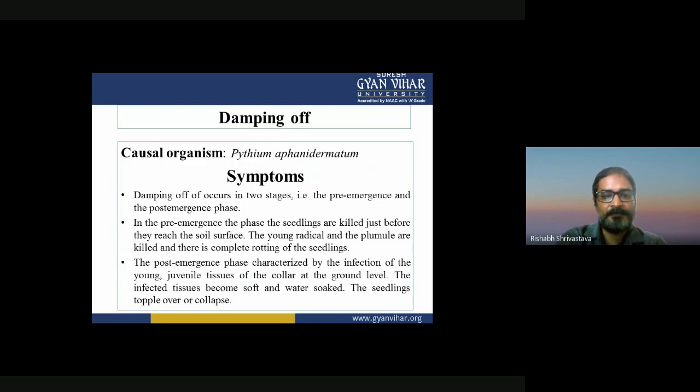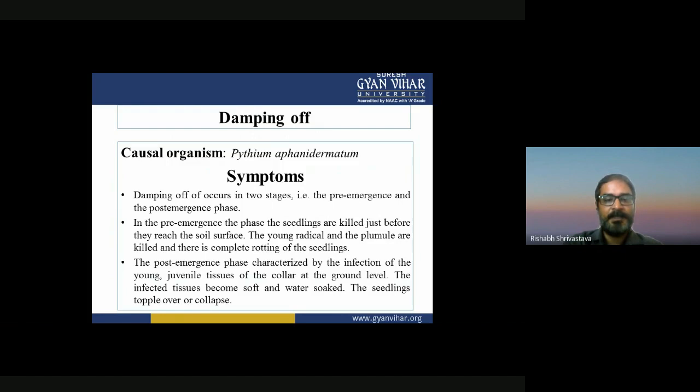Damping off. Causal organism: Pythium aphanidermatum. Symptoms: damping off occurs in two stages, that is, the pre-emergence and the post-emergence phase. In the pre-emergence phase, the seedlings are killed just before they reach the soil surface.